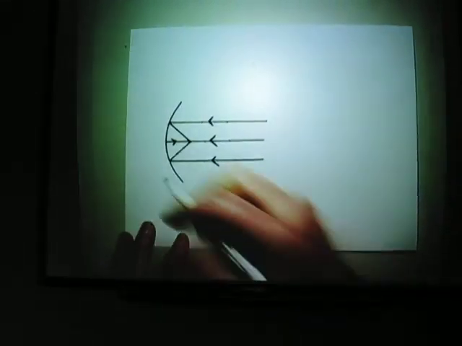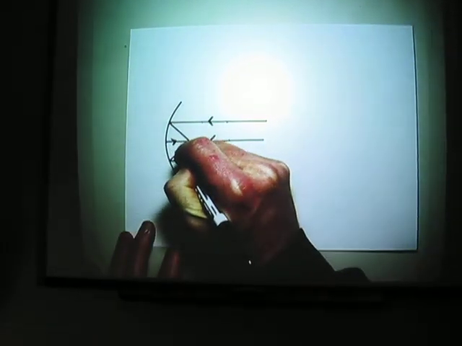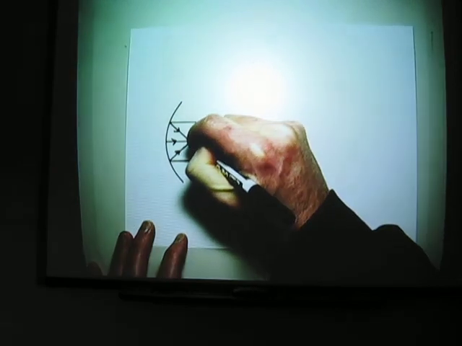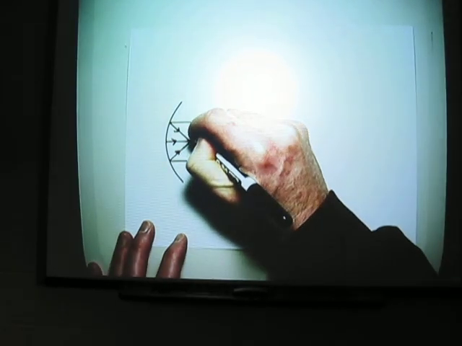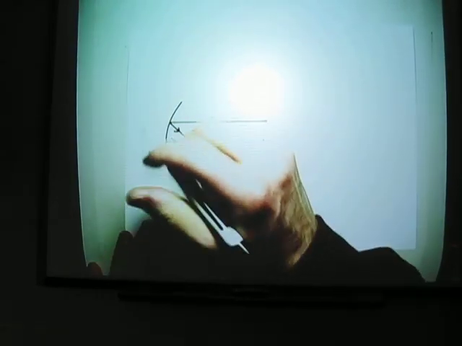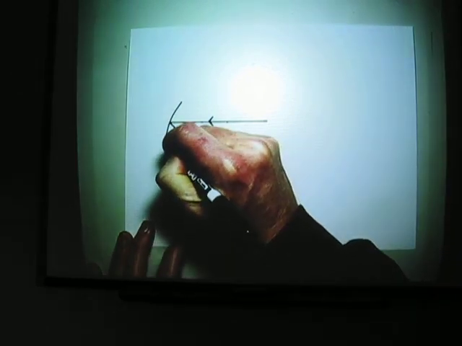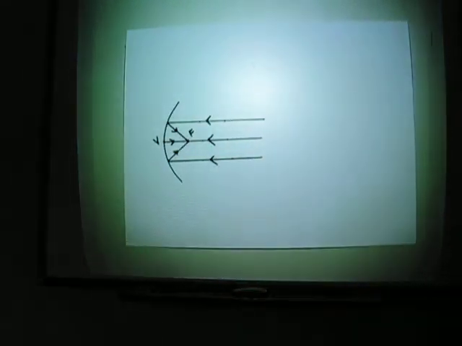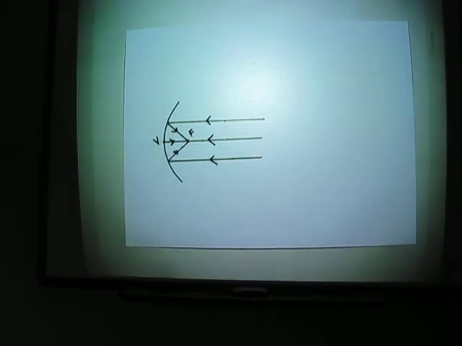Okay, so this is the direction of the reflected rays. They intersect at this point. Again, I'll call it F for the focal point. And then the point at the center of the mirror is actually called the vertex. So if we measure the length from the vertex to the focal point, that's going to be the focal length of that concave mirror.